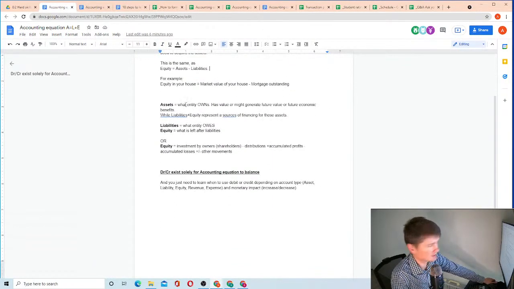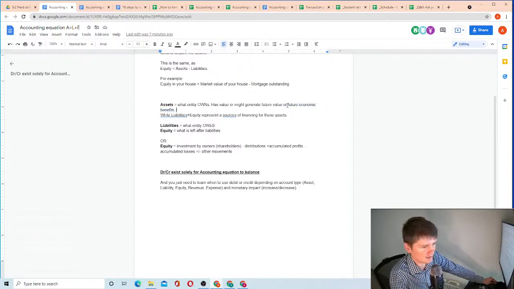So an asset is something that we own, and that object, or intangible assets or tangible assets, can generate value for us, and it can provide the entity with future economic benefits. So probably key to the definition is future economic benefits.